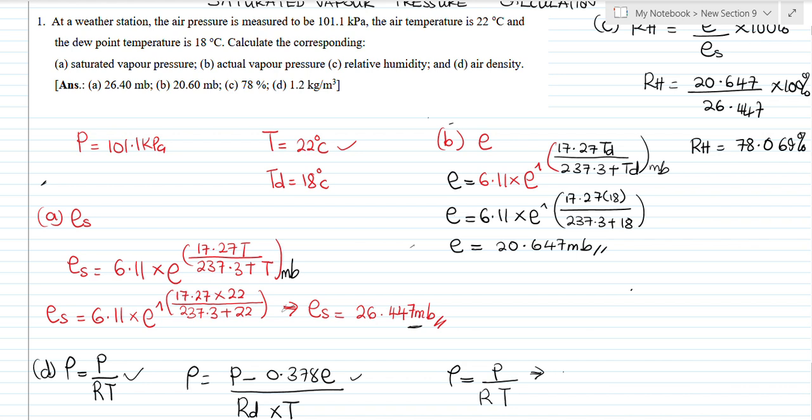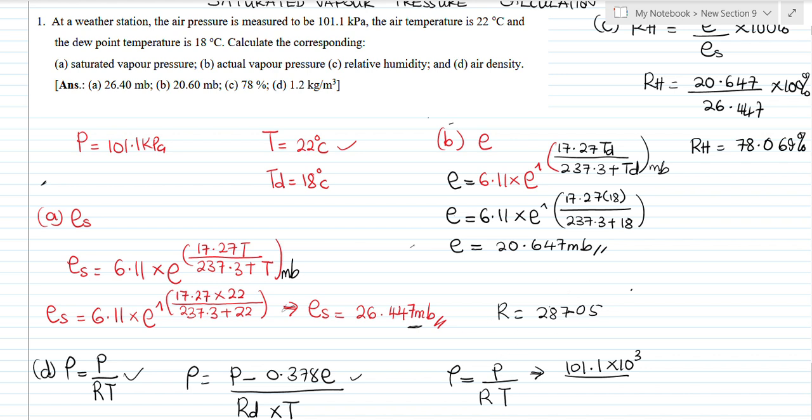The air pressure is 101.1 kilopascal, so 10 to the power 3, over R. R is equal to 287.05. That is the ideal gas constant.